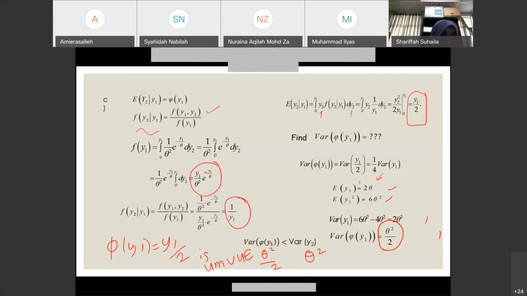So ini kita apply Rao-Blackwell theorem. Okay, maksudnya dia guide kamu punya solution tu step by step. First, dia dapatkan dia punya joint PDF tu. And then soalan dia show that y2 is unbiased estimator with theta, variance dia theta square, and then find expected value of y2 given y1. Dah dapat itu. And then baru kita selesaikan.